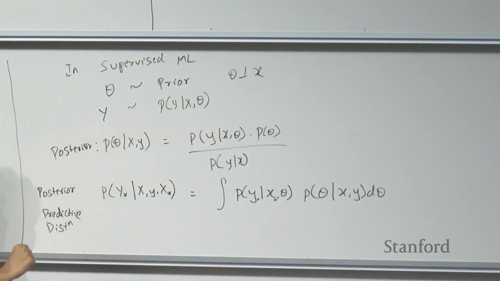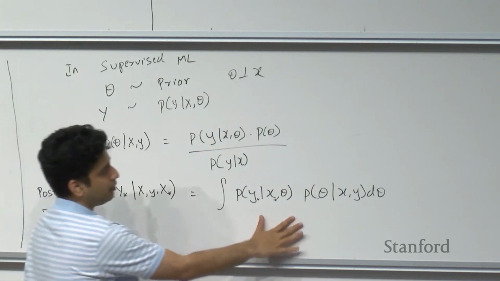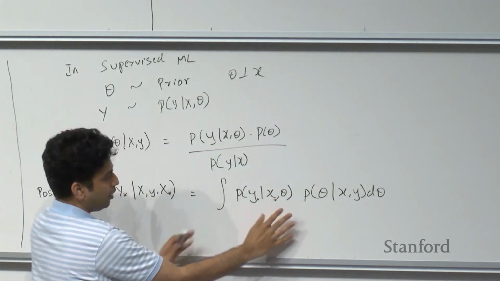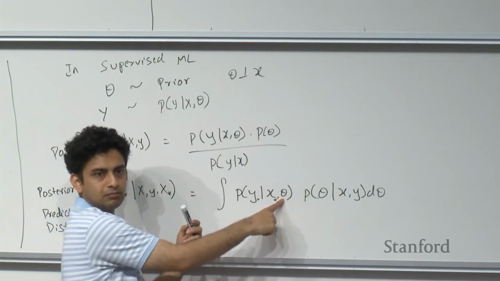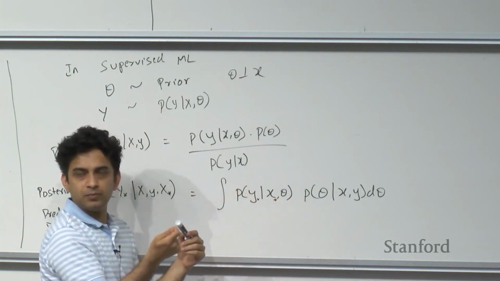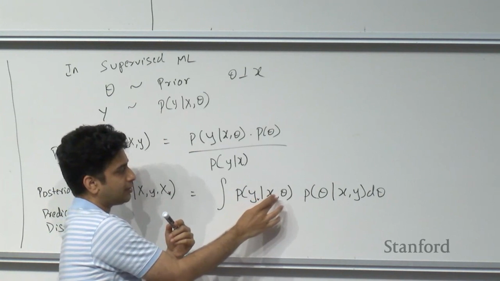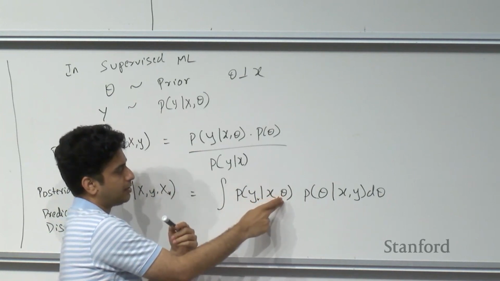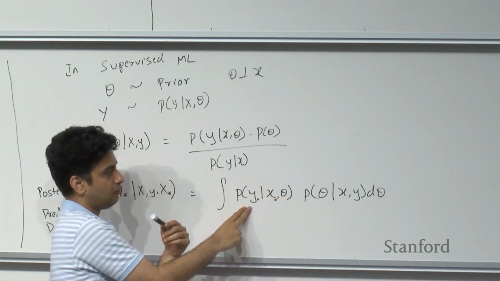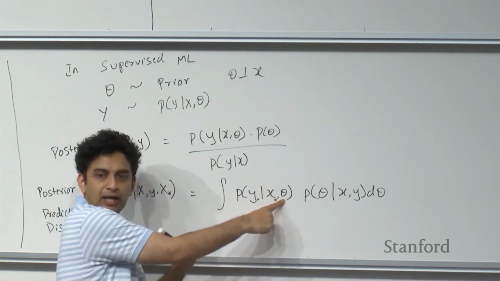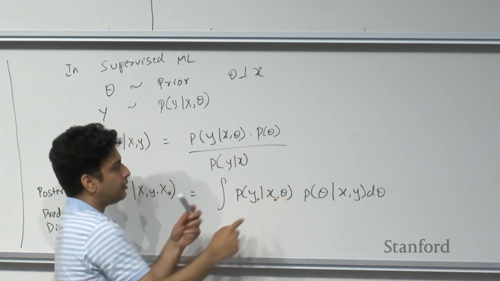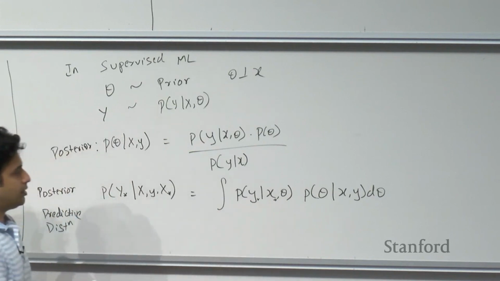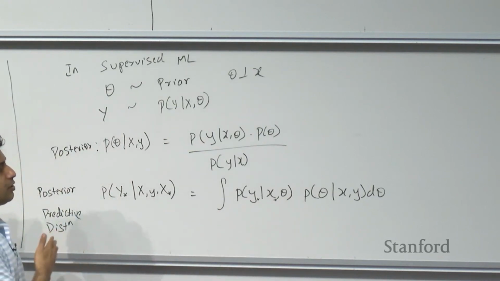Now, what's happening here? If you just look at this expression, think of theta to be some fixed vector. P of y given x, theta is like making a prediction for y for some given value of theta. And what we are essentially doing is considering the set of all models.